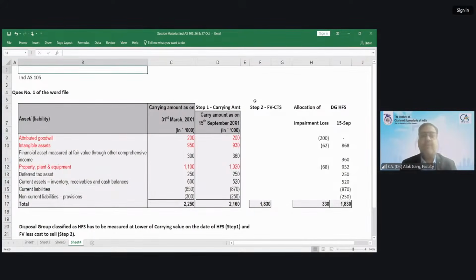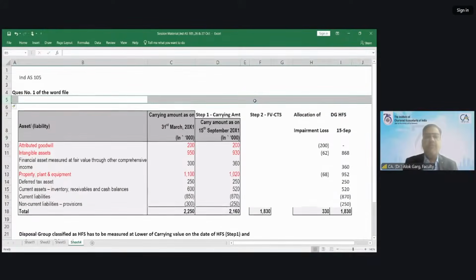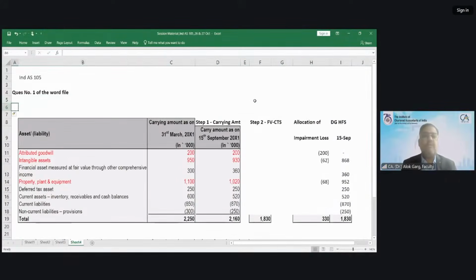So friends, this was the values on 15th September. What was the demand of the question? Compute the value on 15th September and 31st March. So the first part is over. The first part was A: compute the value on 15th September.